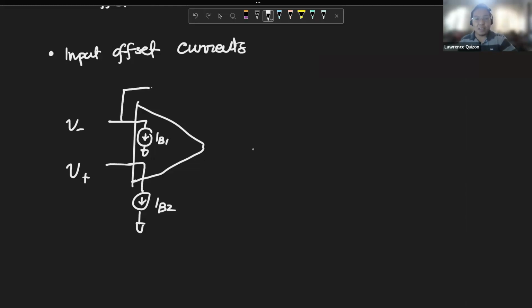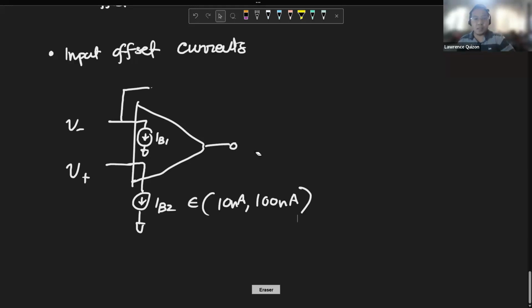Essentially, we have these bias currents in the inputs of the op-amp, on the order of nanoamps. You can find these in the range of tens to hundreds of nanoamps. That's your input bias and offset current.